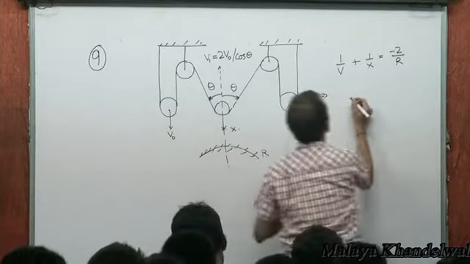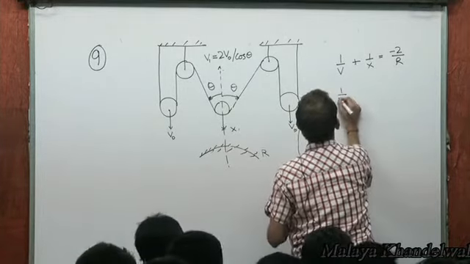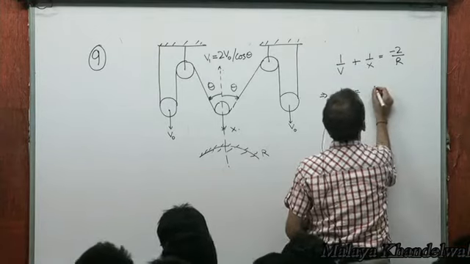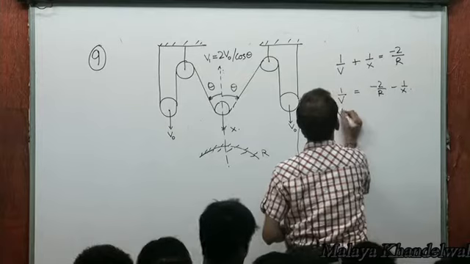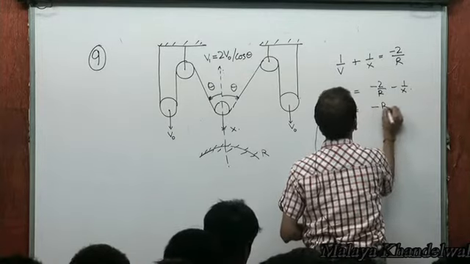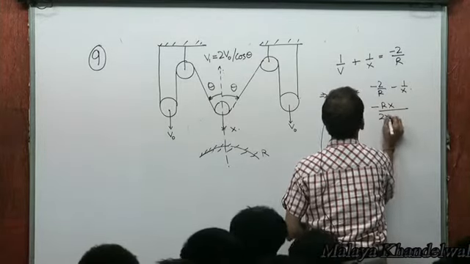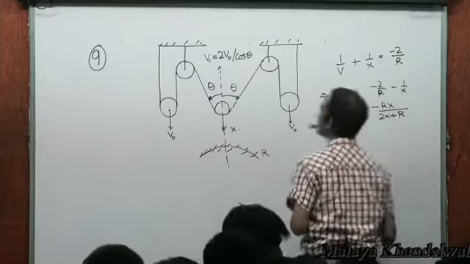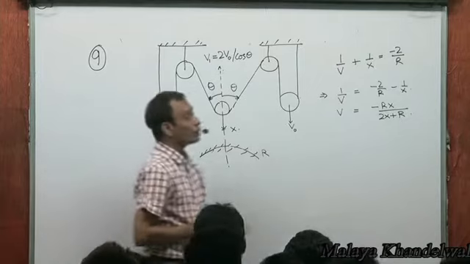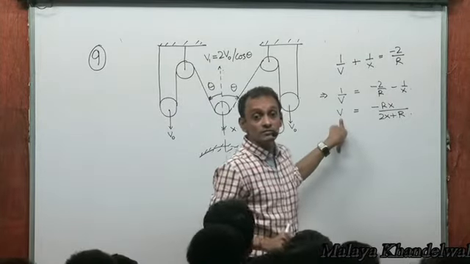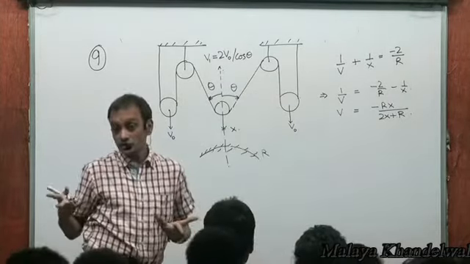So, image distance v, 1 by v, is given by minus 2 by r minus 1 by x. V is then given by minus rx divided by 2x plus r. V is the image distance when the object distance is x. Right? Rate of change of this will give me the velocity of the image.